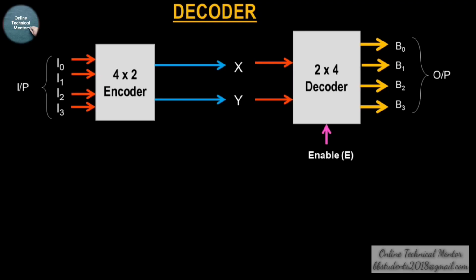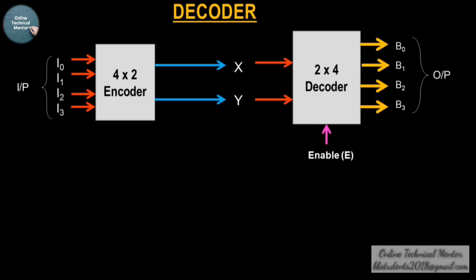Let's demonstrate with an example. As we have already known that for an encoder circuit, if it has n outputs, then it will have 2 to the power n input lines. So here in my example, I have considered a 4 cross 2 encoder. Now, if an encoder has 2 outputs, then it will have 2 to the power 2 or 4 inputs.